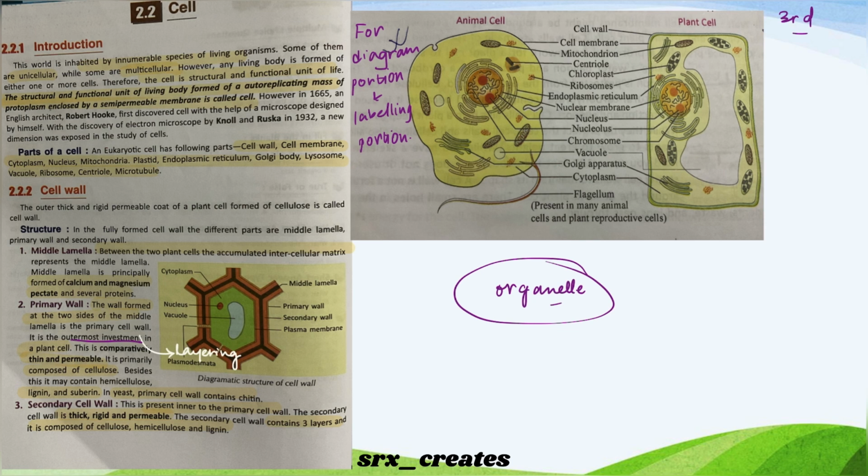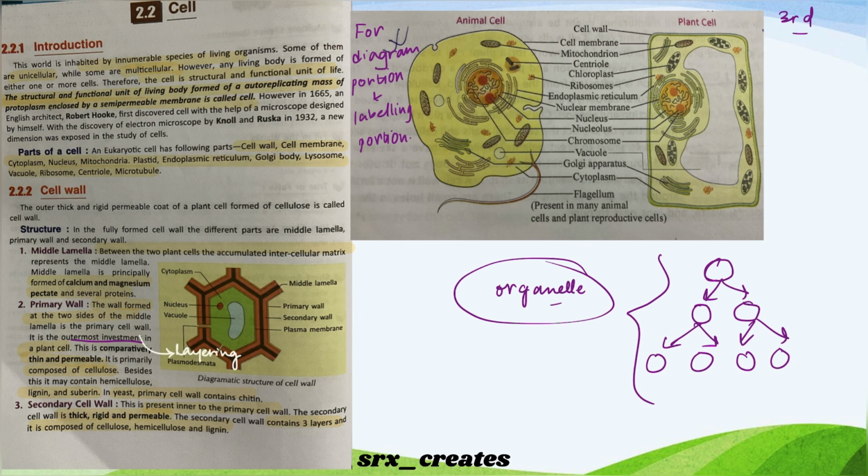Now replicating means what? To form a replica. This is a cell. After its division, it gives us two cells, and 2 gives more 2. Like this, many numerous cells form, and the basic unit cell makes up the human body. Then cell to tissue, tissue system, etc.